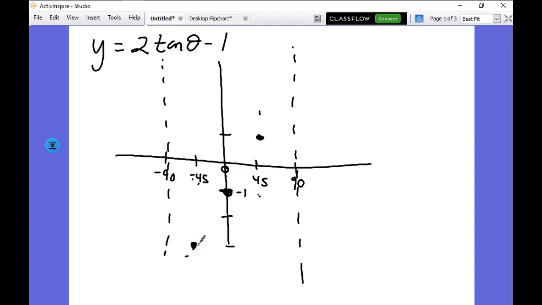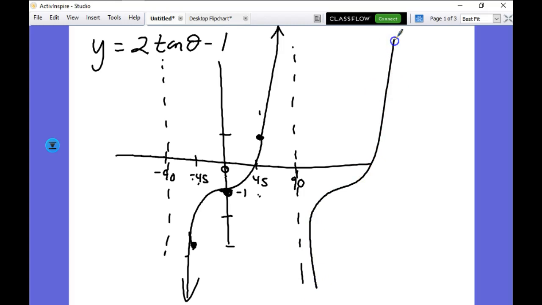All right, so now we get to connect the dots. Remember, this side's going to be concave down. This side's concave up. And then try to squish it up against the asymptote as you go. And just to indicate to me that you do realize this is a periodic function, which means it repeats, I would like you to give me 1 to the left and 1 to the right.